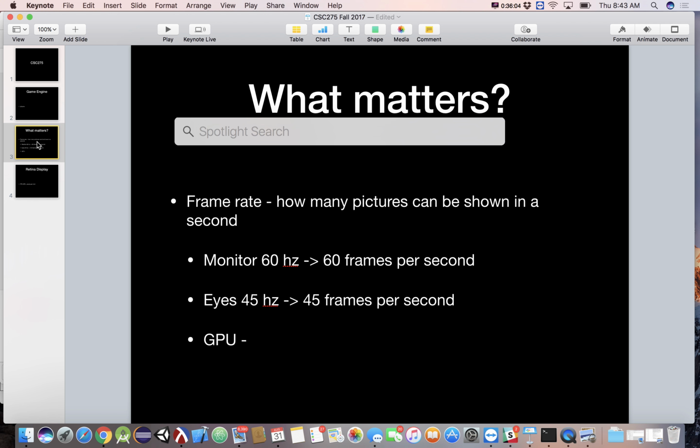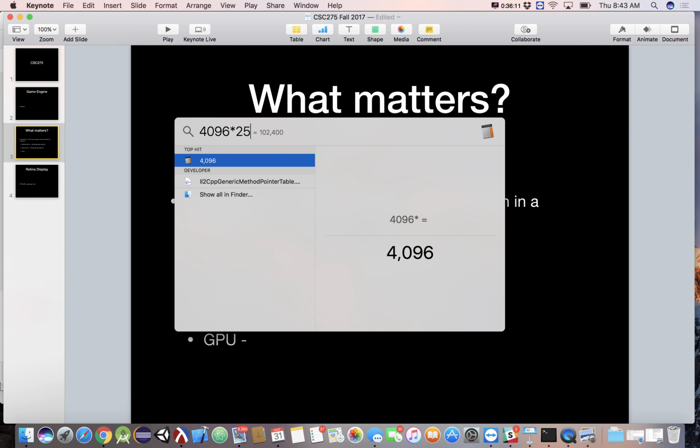So let's just do 4096 by 2560. I think that looks right, doesn't it? Pretty close. This is if it's just 1 pixel per spot, so this is the easiest 4K picture to show. That's 10,485,760 pixels per screen, per frame.